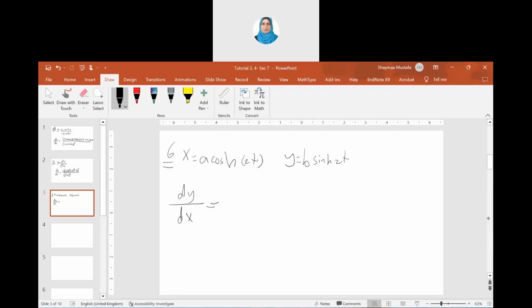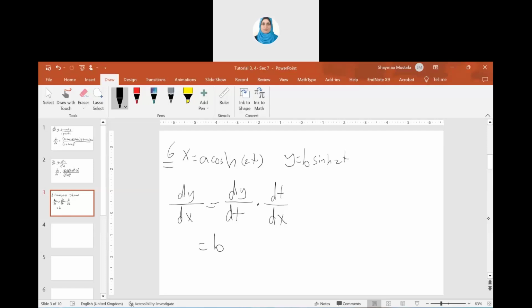So here you have to apply the chain rule. This one is equal to dy over dt times dt over dx. So dy over dx is equal dy over dt from here.